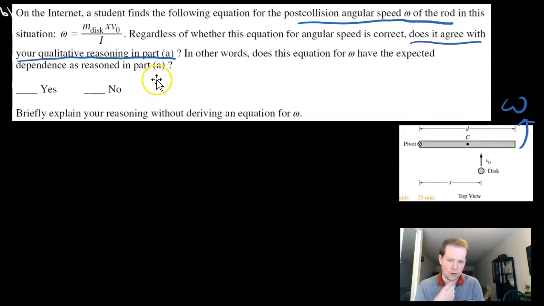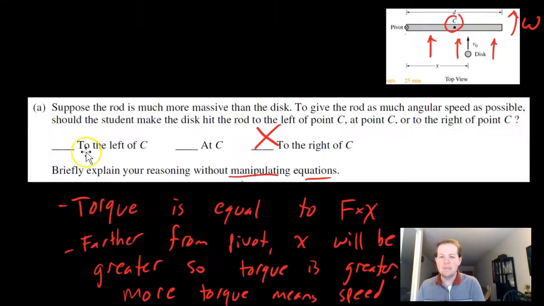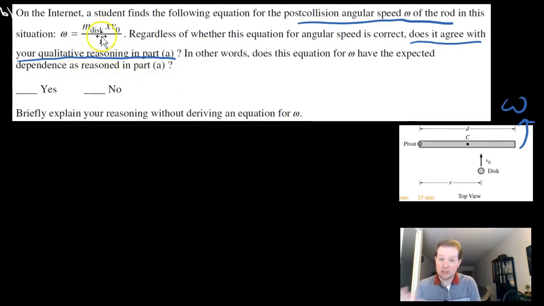This is kind of a weird question. But it seems to be asking, does this equation, whether it's right or wrong overall, match what I say here? So I should look back at what I say here and see if I can find details from the equation that say yes, it matches, or no, it doesn't.